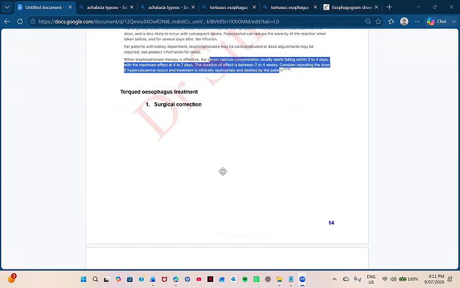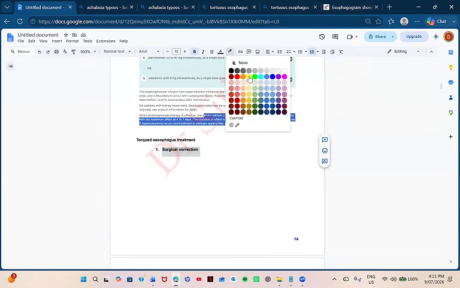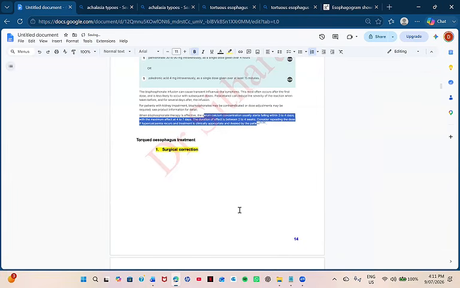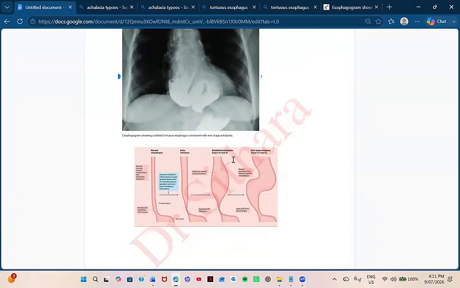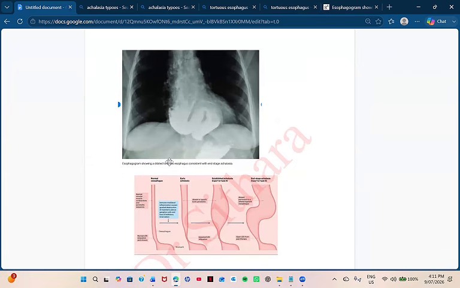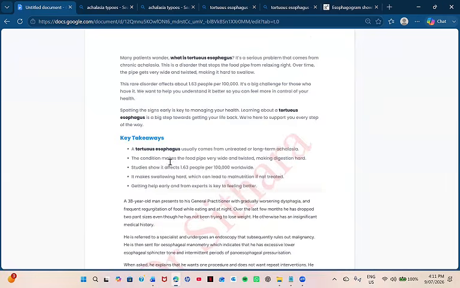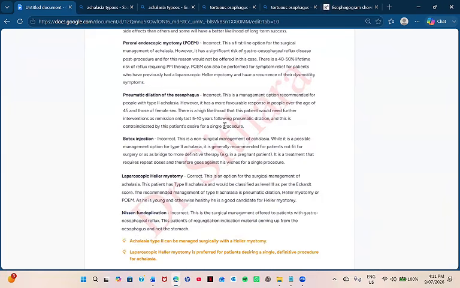So I think it's better to go with surgical correction, because there's no proper guideline to say otherwise. Generally, because of the severity, we can go with that. I have attached the treatment for achalasia. Here also we can think about laparoscopic myotomy. It's a better option. Surgical management, yeah.